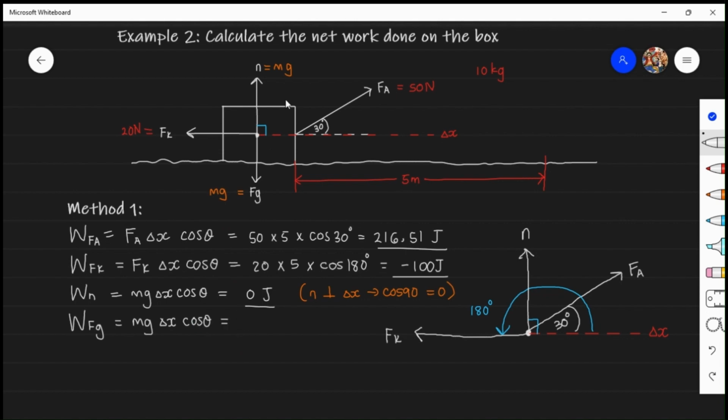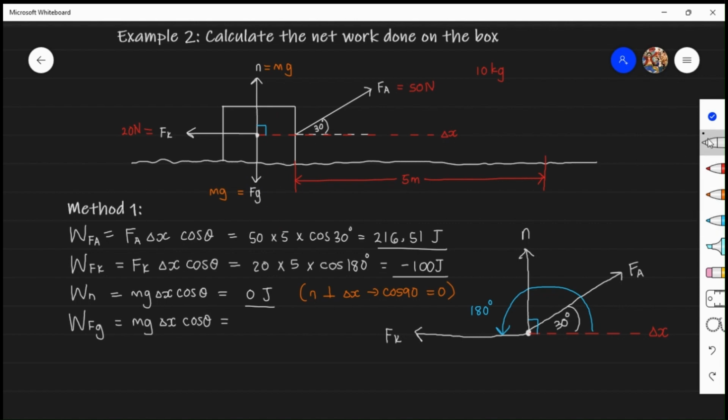Now, because normal force and Fg form a straight line, and the angle between normal force and displacement is 90 degrees, that means that the angle between Fg and displacement is also going to be 90 degrees, angles on a straight line. Alternatively, you can think of it as displacement is perpendicular to Fg.